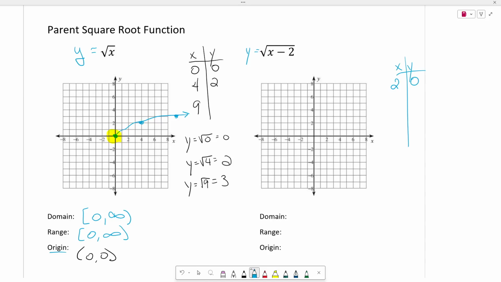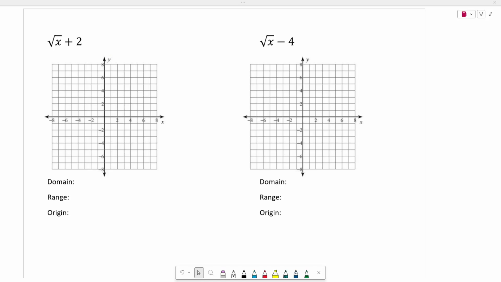My next point would be 6 because 6 minus 2 would be 4, and I know that one goes here. So my graph would look like (2, 0), (6, 2), and it would look just like the other one, except this time my origin or starting point would be at (2, 0). My domain would be from 2 to infinity, and the range would be from 0 to infinity.